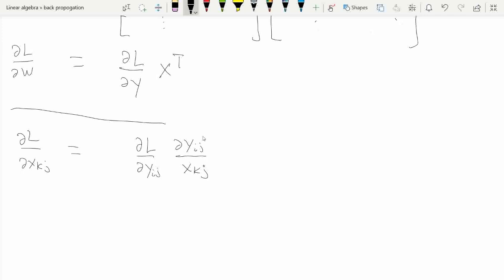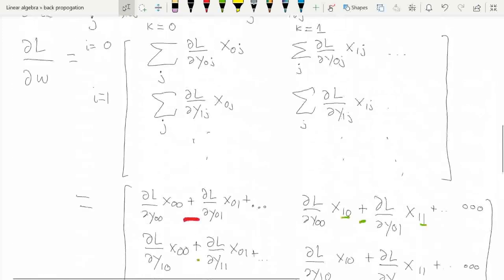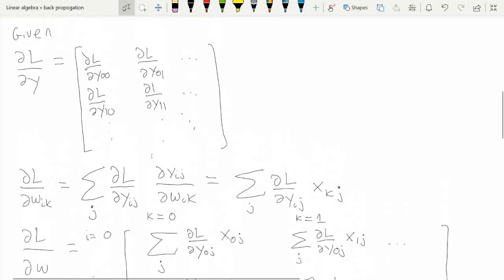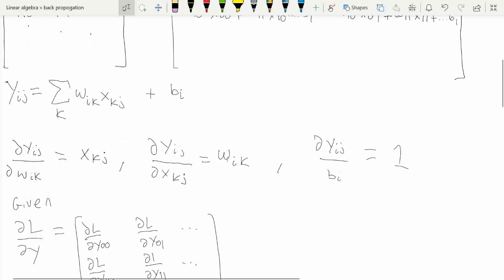As you can see here, we need to sum over the i. And we know that the partial derivative of y ij with respect to x kj is just w ik.